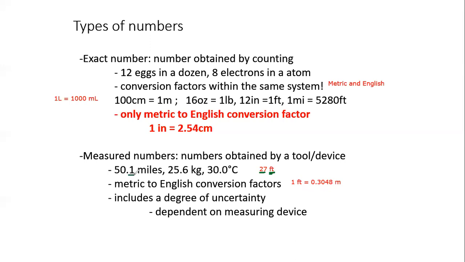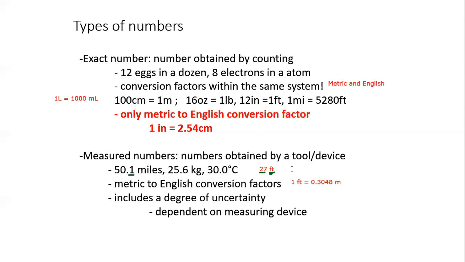There's some uncertainty associated with it. So it's just 50.1, but we don't know if it's 50.13, 50.14, etc. And it really doesn't matter because only the significant digits are shown. So we only know the miles to the 10th place.